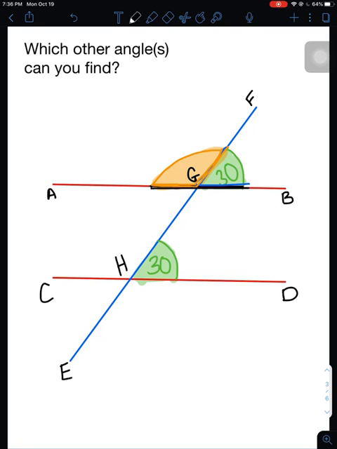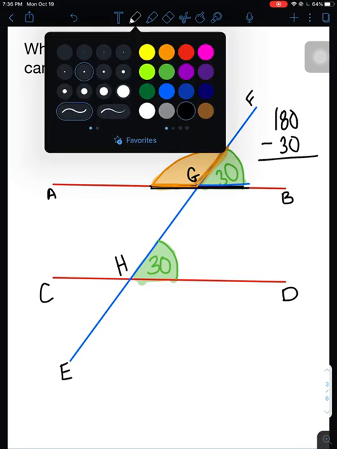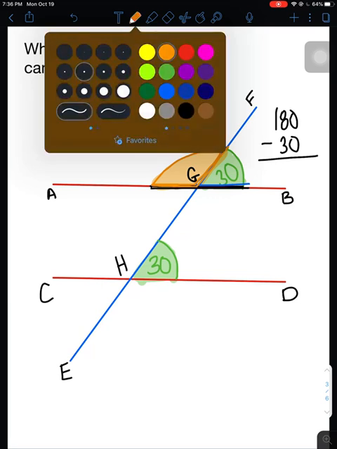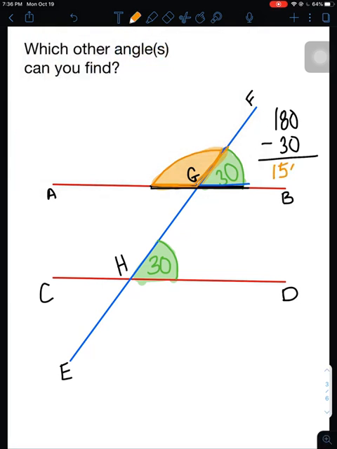And we know that straight lines always measure 180. We learned that from our lesson on supplementary angles. So if this angle measures 30, all we've got to do is say 180 minus 30, and that gives me how much this angle here measures, and that's 150.